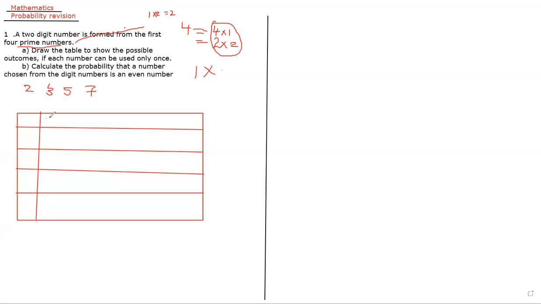So we write 2, 3, 5, 7, going downwards. We have that.